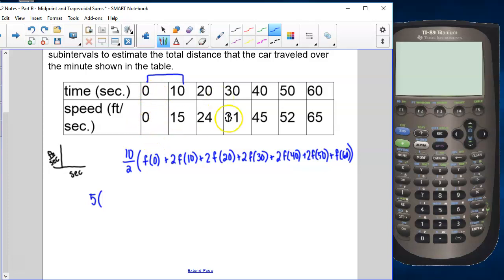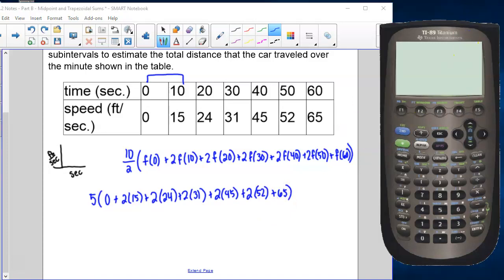So when we do the table, we're going to use that first number once, so we'll have 0 plus 2 times 15 plus 2 times 24 plus 2 times 31 plus 2 times 45 plus 2 times 52 plus 65 here.